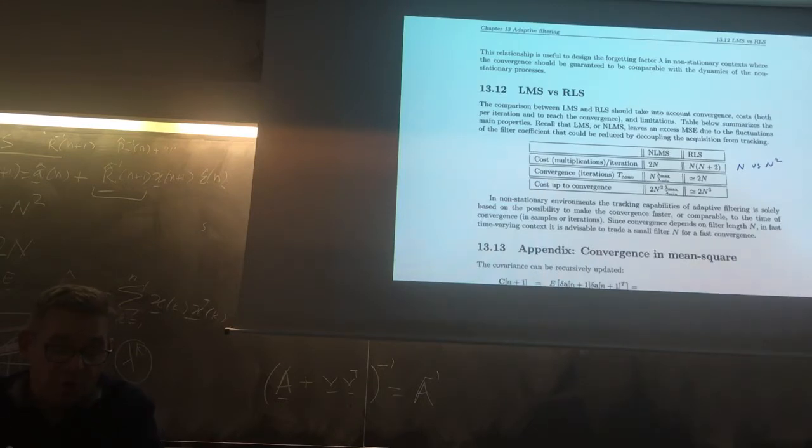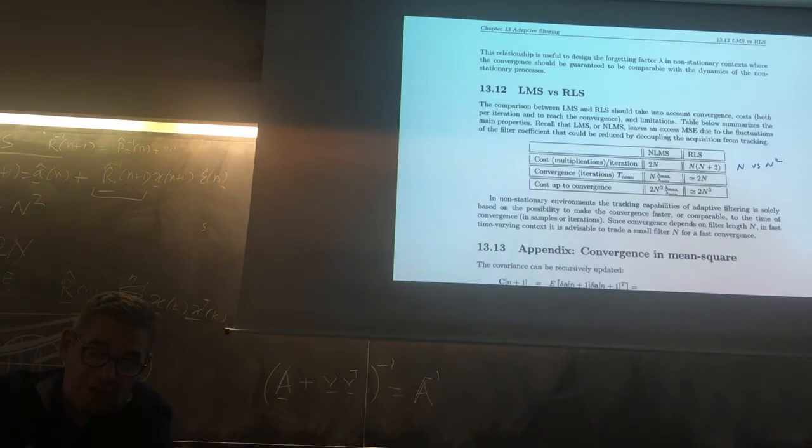Now the time for convergence in number of iterations. We remember that the convergence in the mean is the ratio between lambda max and lambda min. But the convergence in the mean square is n times more. You remember? It's n times bigger. Just a rough computation.